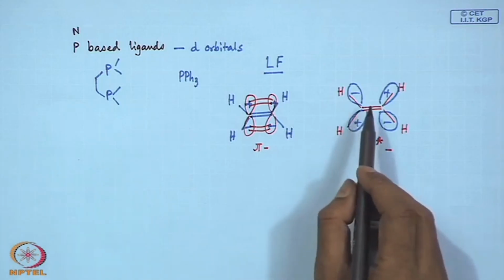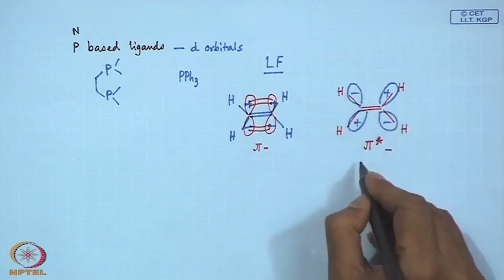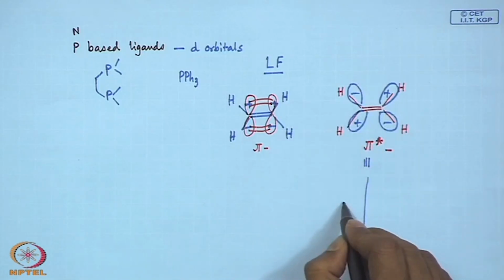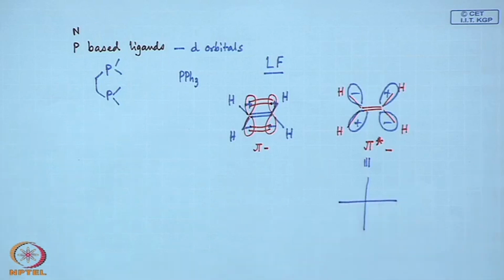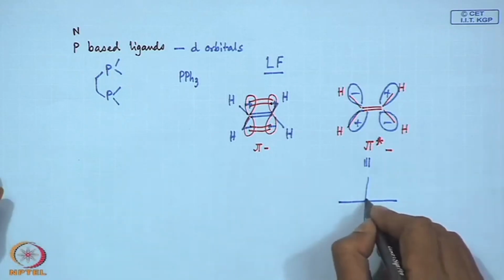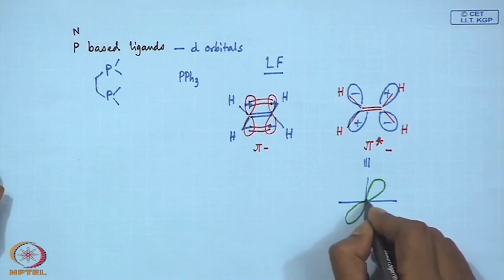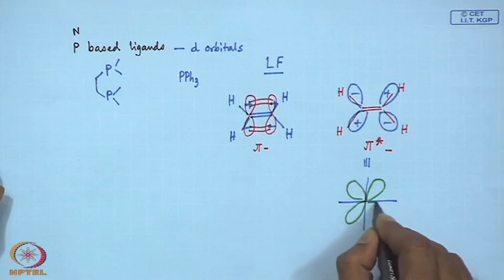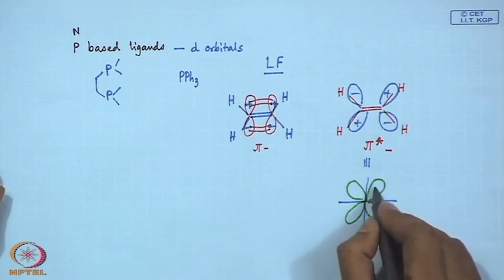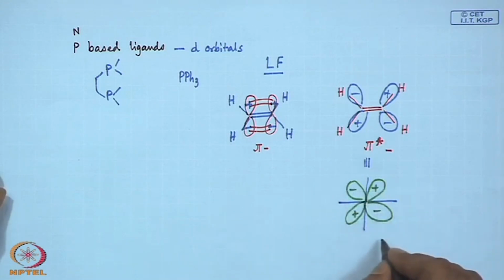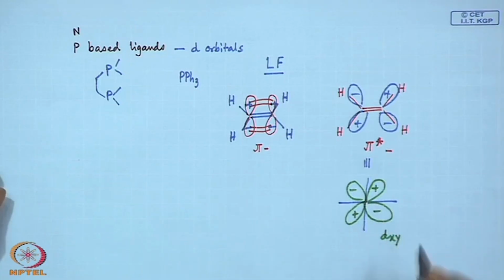So, what we find is that this can also be considered, where we can have the pi star orbital, and we can consider it as an equivalent symmetry lobe, or the lobes for these orbitals are available for, say, the dxy orbital.